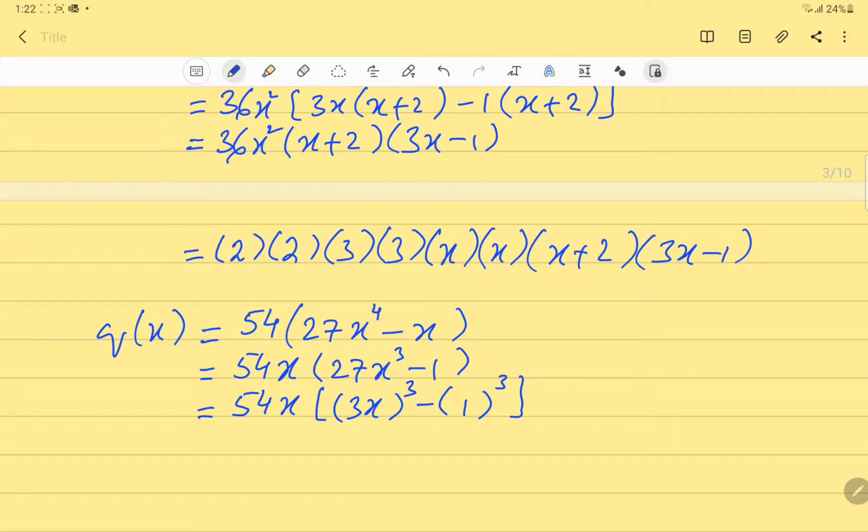Now this is actually the form of a formula, a cube minus b cube, which can be written as a minus b into a squared plus ab plus b squared.